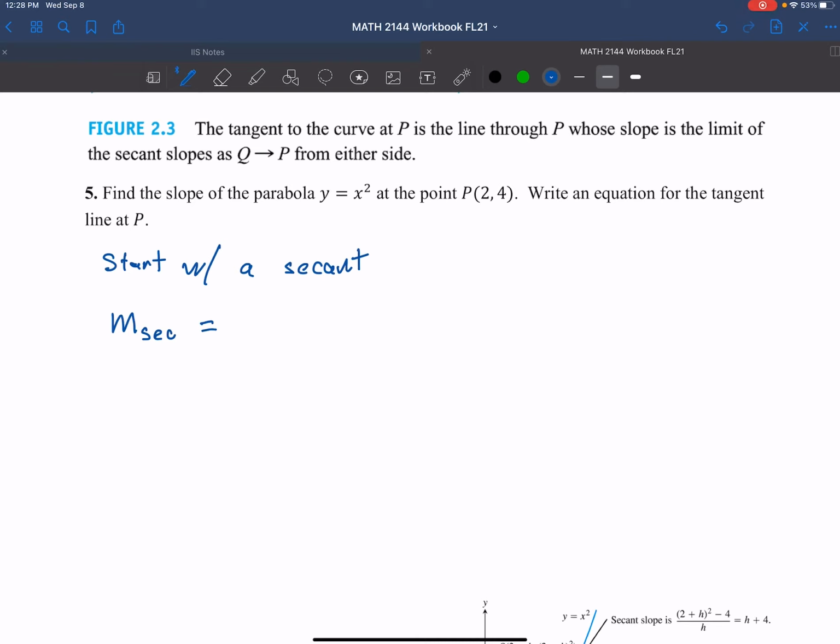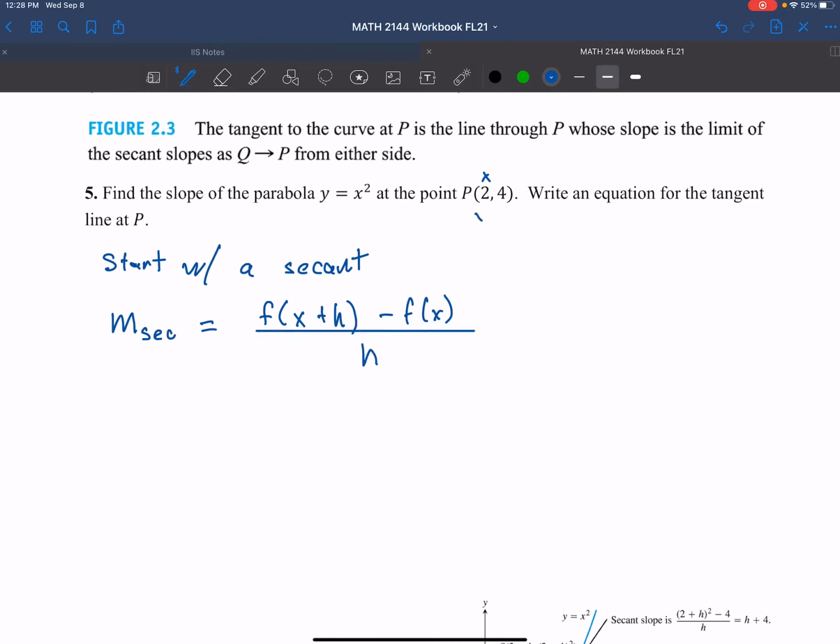I'll explain it like this. The formula we're going to use is the difference quotient: f of x1, you could call it x naught, you can just call it x, because right now we only have one x value, so that'll be our x, plus h minus f of x, over h.